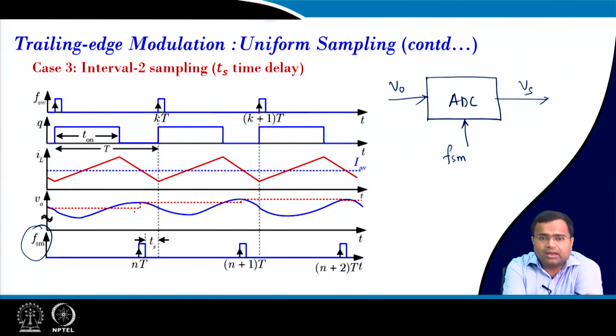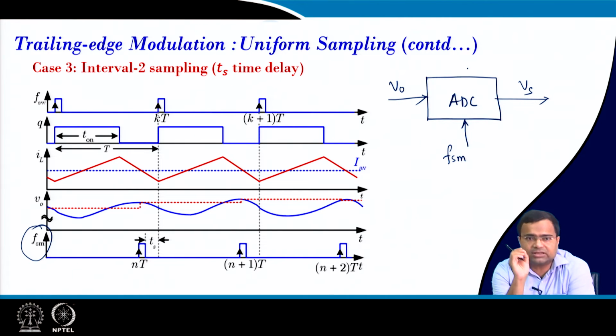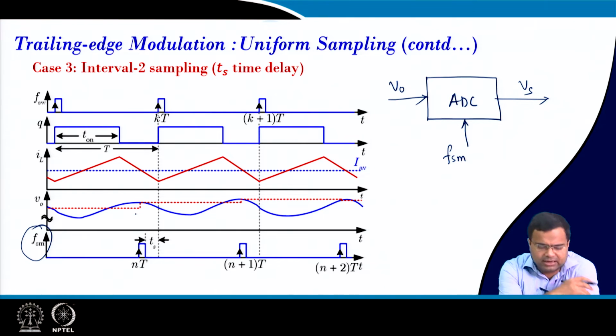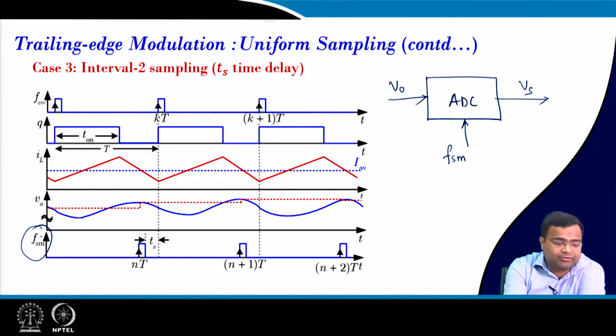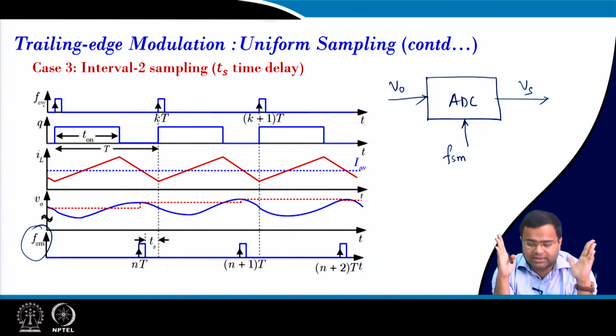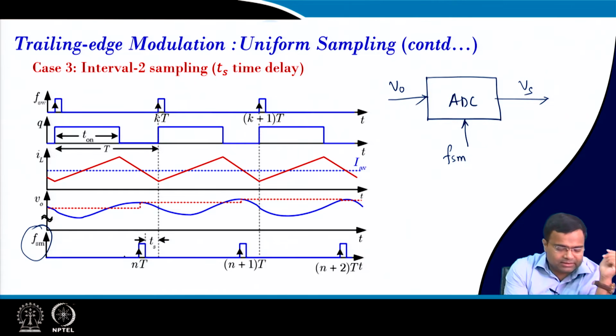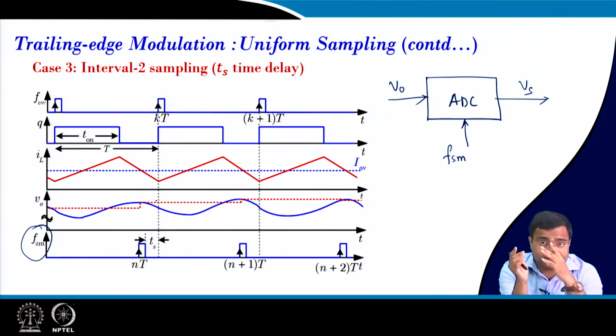Why? Because we are still not considering the delay of the conversion, we are just showing the sampling clock. It is just for the concept, because here the sampling frequency and the switching frequency are exactly the same, but there is a time shift. That means sampling is occurring earlier than the switching event takes place.